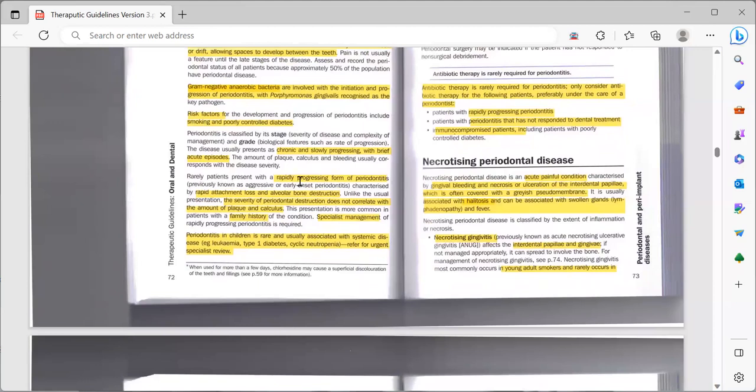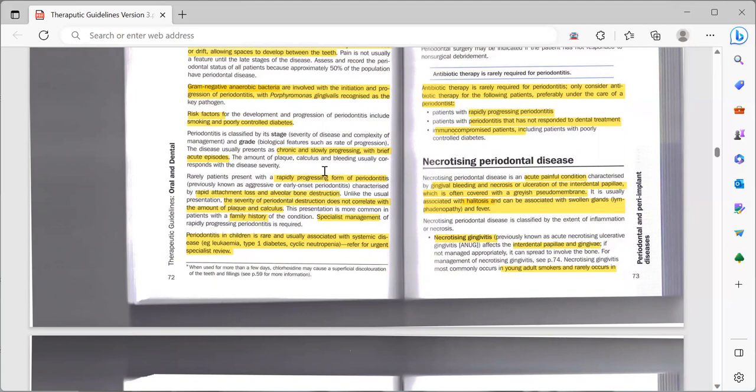Rarely, patients present with rapidly progressing forms of periodontitis, which was previously known as aggressive or early onset periodontitis. It is characterized by rapid attachment loss and alveolar bone loss.